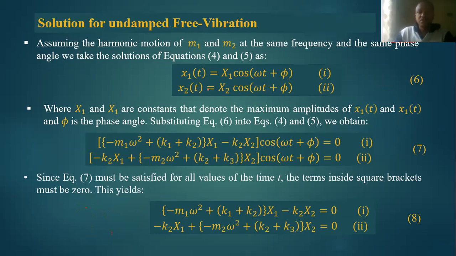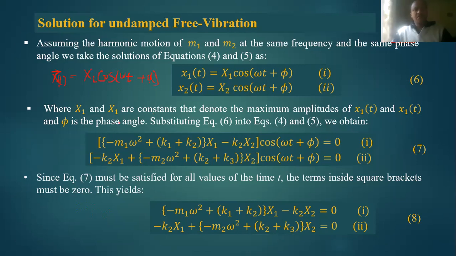Again, for mass 2, x2 of t equals X2 cos(omega t plus phi). So one can generally write x of t in vector form as X_i cos(omega t plus phi). This is the general form of the solution.